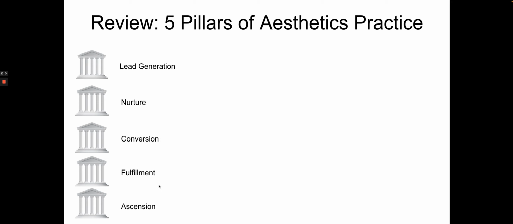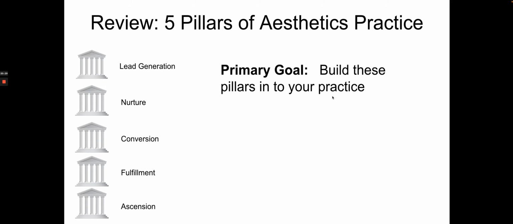Fulfillment, where you have a process to fulfill what they purchased and make sure you have excellent service and a great experience for the customer or patient. And then ascension, where you have a process where you ascend them into other things. So for example, if someone came in for Botox, they should ideally get information about dermal fillers and PRP treatments, etc., because it's the next level for them to treat.